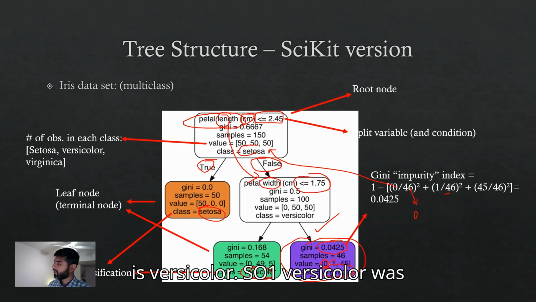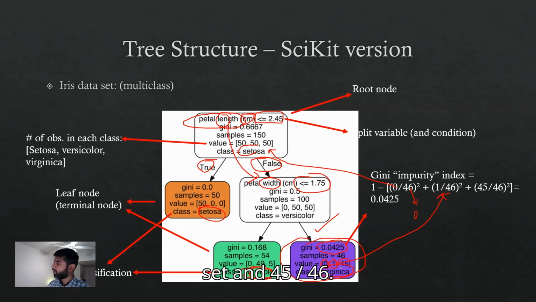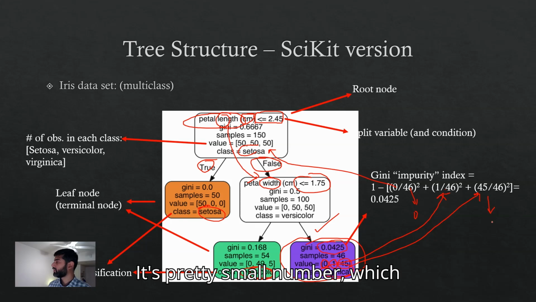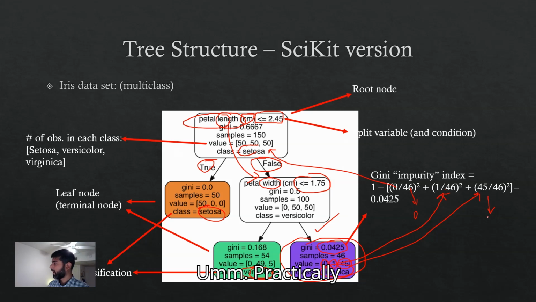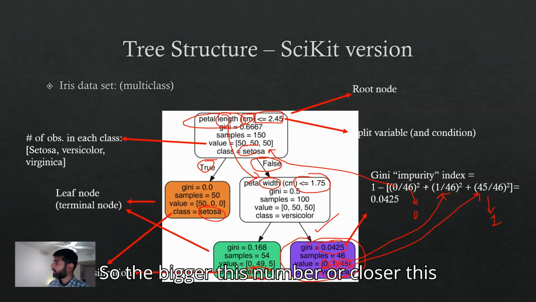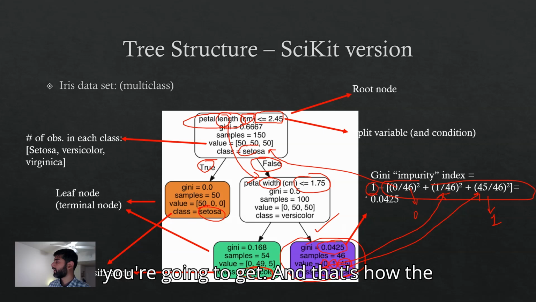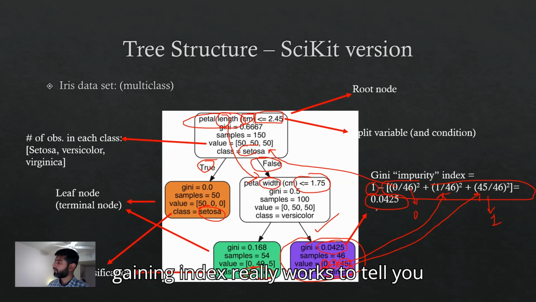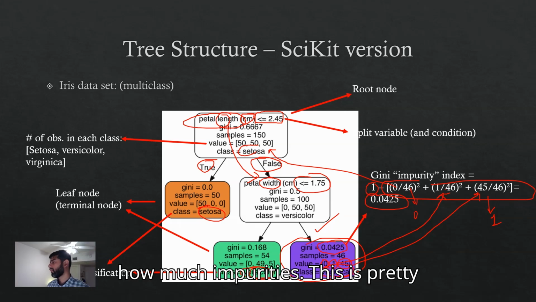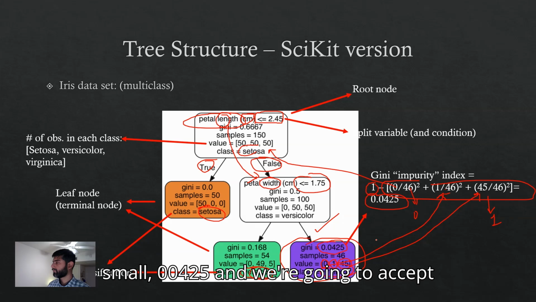So 1 versicolor was found in the validation data set, and 45 over 46 is a pretty small number, practically close to 1. So the bigger this number or closer this number to 1, the smaller Gini index you're going to get. And that's how the Gini index really works to tell you how much impurities. This is pretty small, 0.0425, and we're going to accept these results.